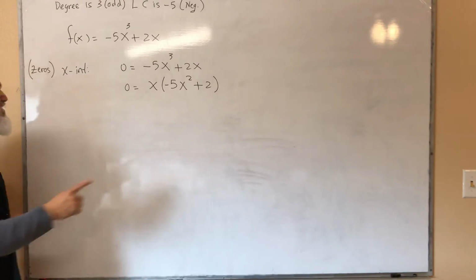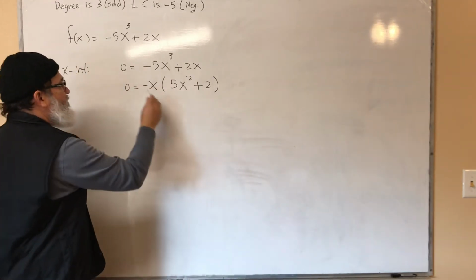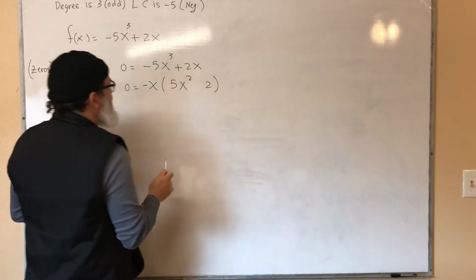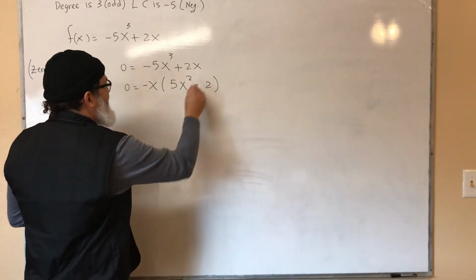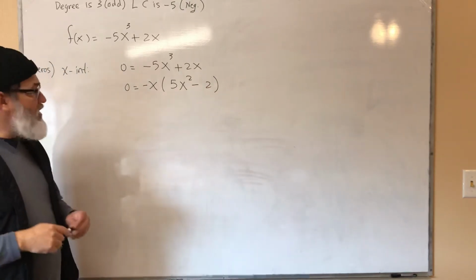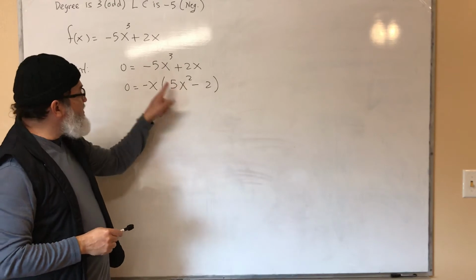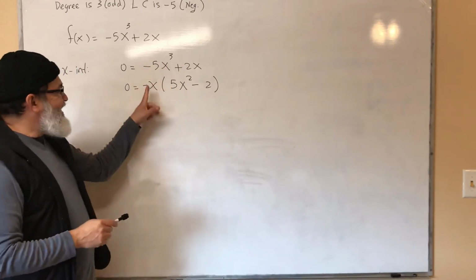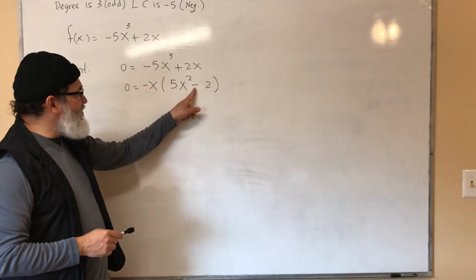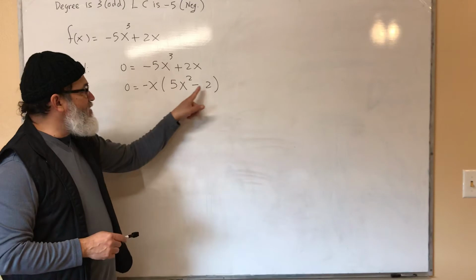Okay, let's take out a negative x. How's that? Take out a negative x. Negative here, and negative there. Let's check, okay? Negative x times 5x squared is negative 5x cubed. Got it. And a negative times a negative is positive, so negative x times negative 2 is positive 2x.